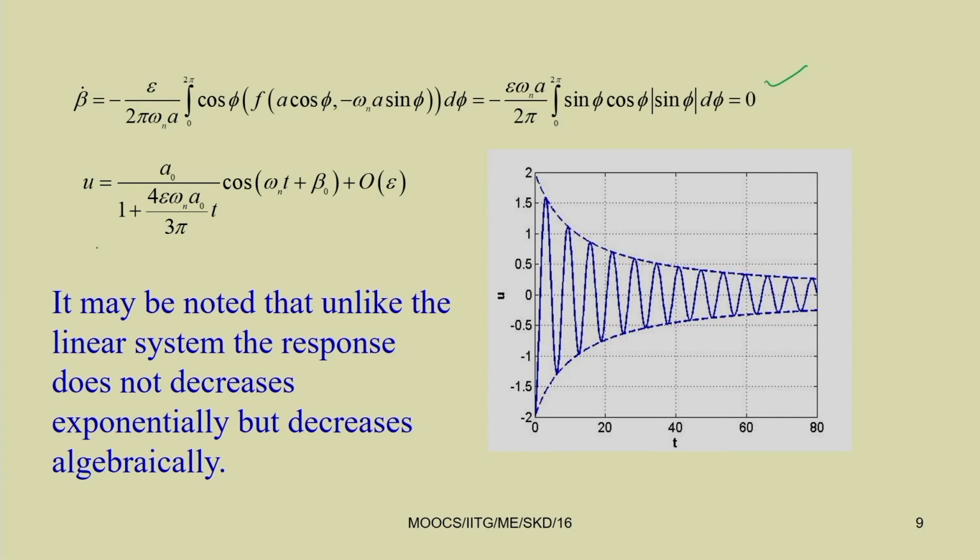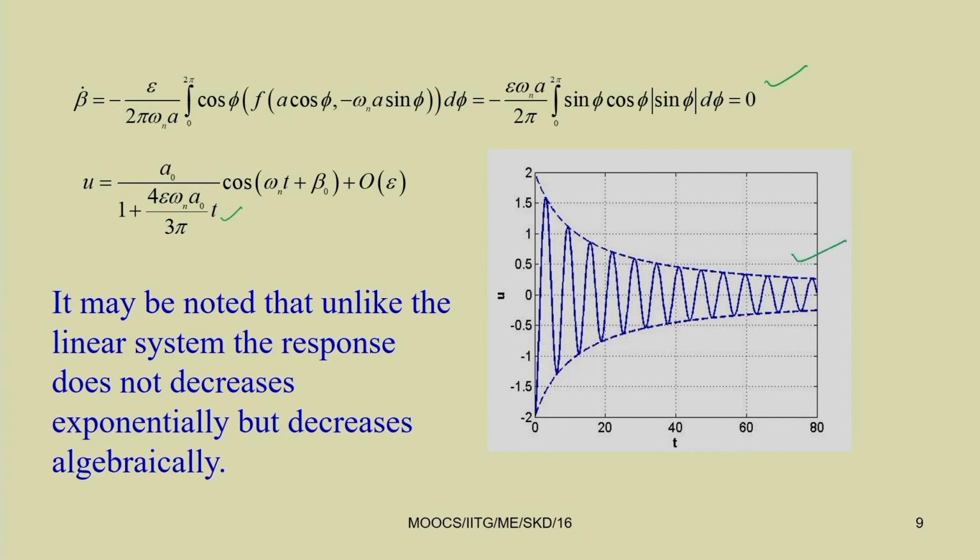Here you just see this t term, we have a t term in the bottom, into cos omega n t plus beta 0. By taking different initial conditions, for example a 0 equal to 2 and different values of omega n, if you plot, then you can get a response like this.